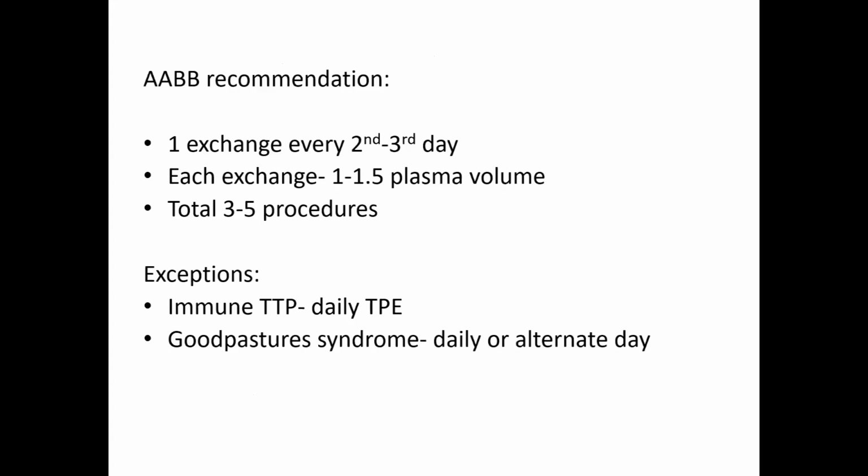According to a standard recommendation, one exchange is done every second to third day. Each exchange contains around 1 to 1.5 plasma volumes, and usually 3 to 5 procedures are needed. There are some exceptions also, like in TTP, where almost daily or alternate-day plasma exchange is given.